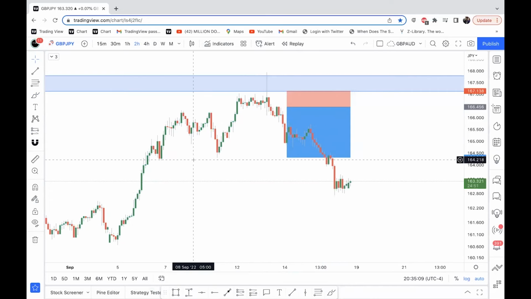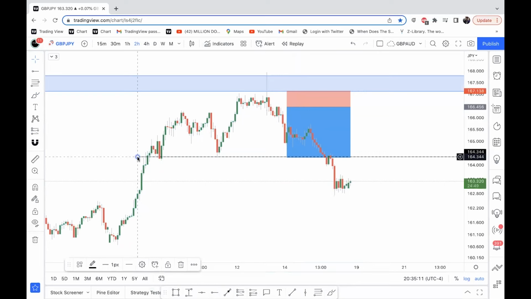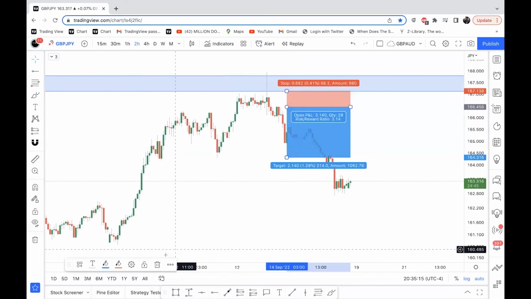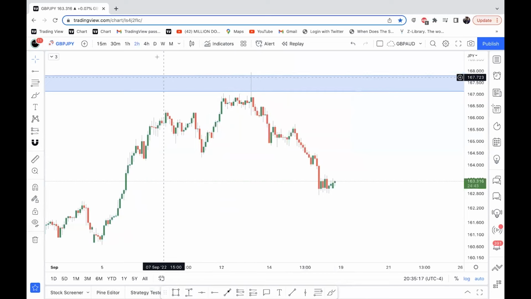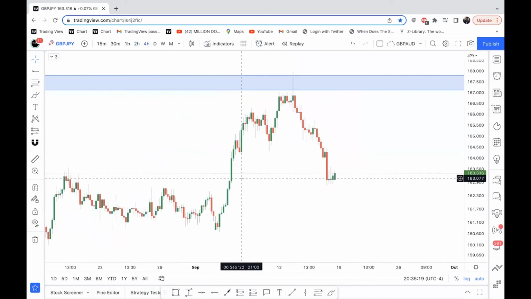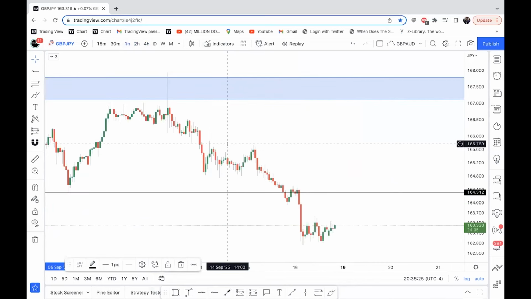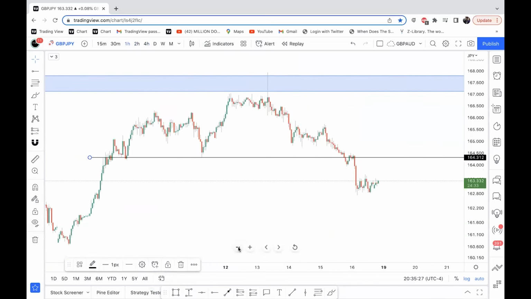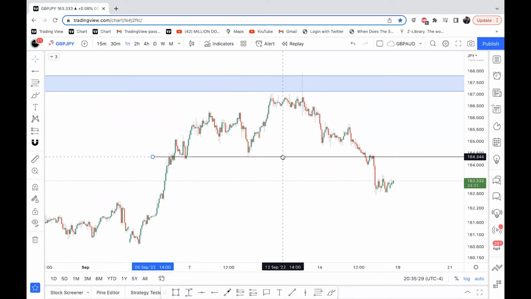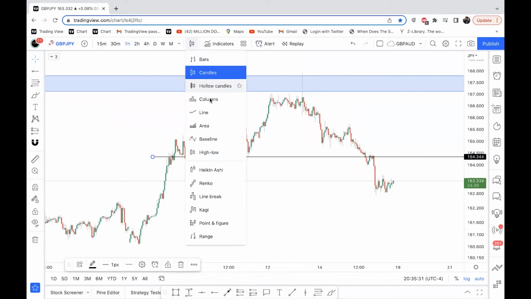I would expect price to at least come down to these levels of support. But if you look to the left, price actually broke that here. Once it broke that, we had a slight retest of that right here. Let's look at this.